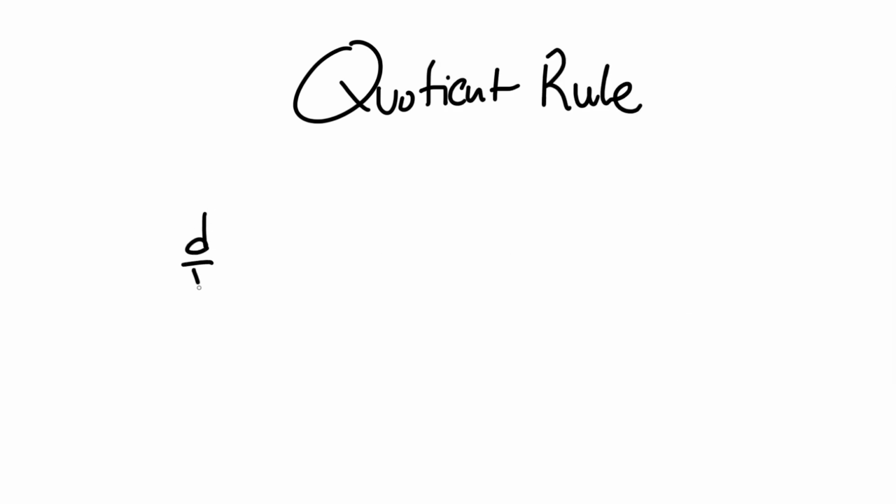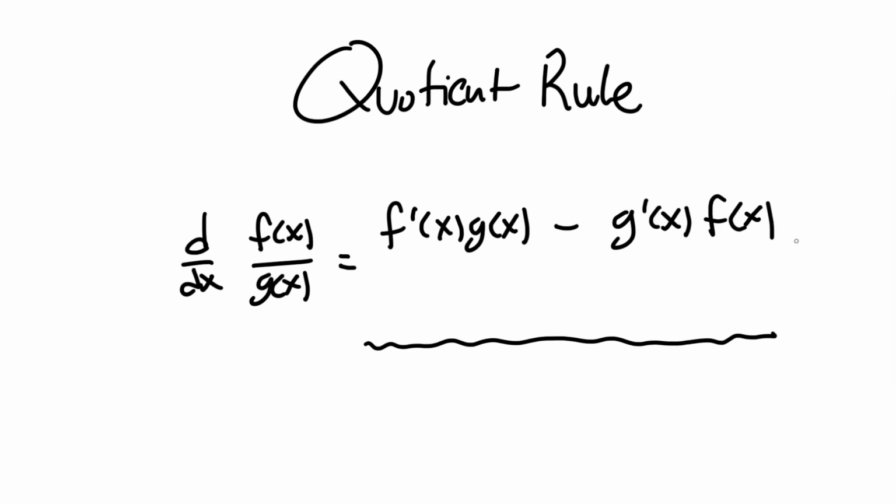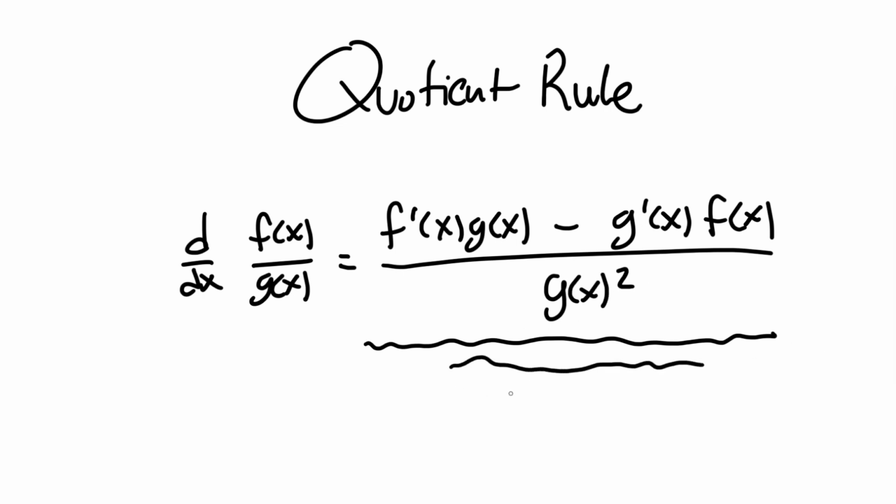The quotient rule says that the derivative with respect to x of a function of x over another function of x is this entirely crazy long formula, which you've all remembered as the derivative of the top times the bottom minus the derivative of the bottom times the top, over the bottom squared, right? But where did this come from?